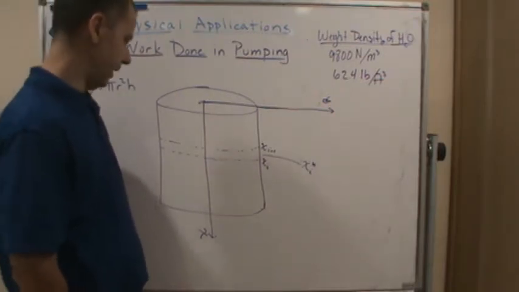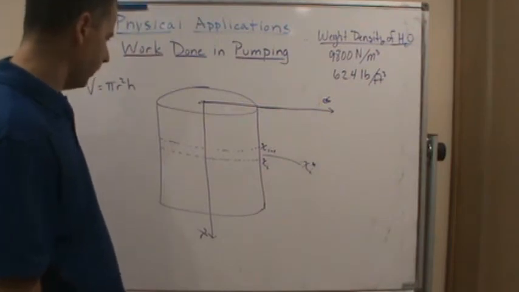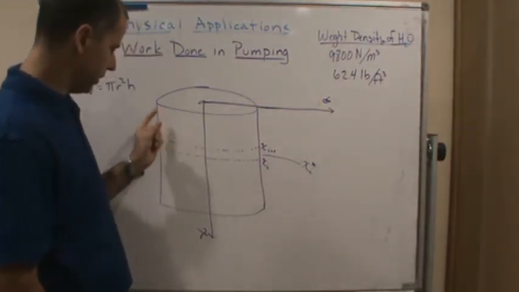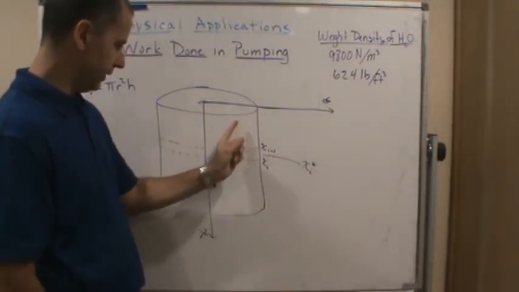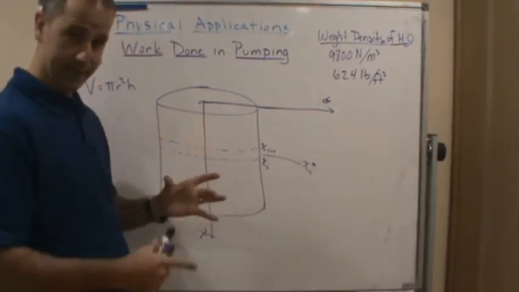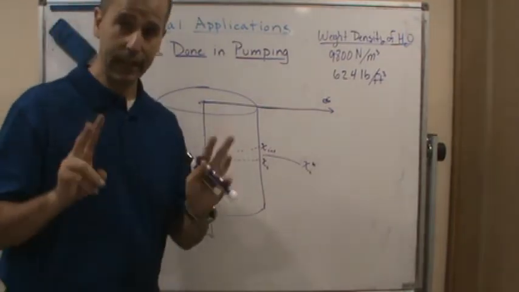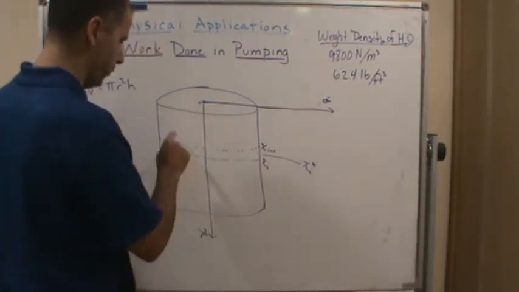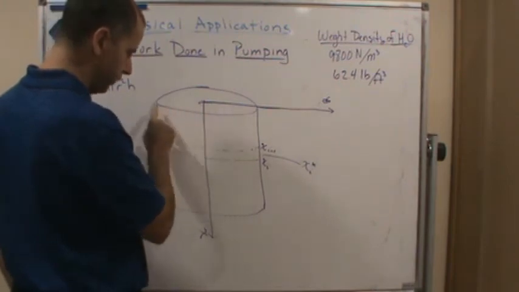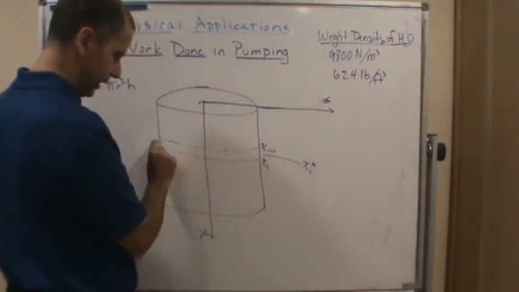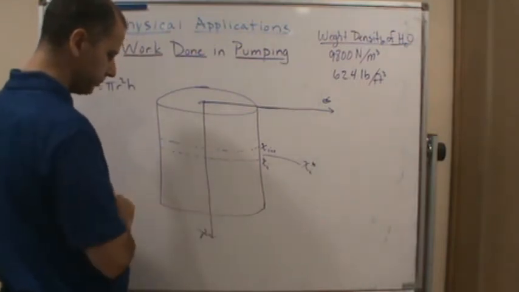Okay, so let's set this up. The way we're going to do this is we're going to partition the volume being lifted up as a disk, right? Because we're going to think about layers of water. If we remove small layers of water, we could treat them as a thin disk of water.